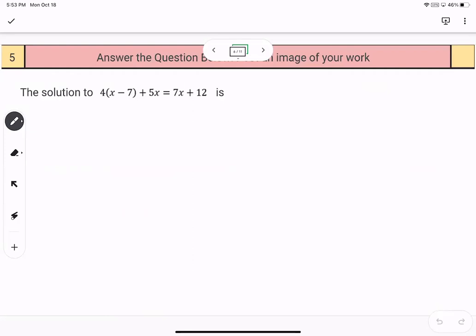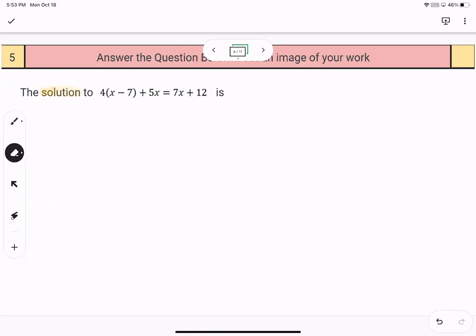Number 5. So again, the solution to 4 times x minus 7 plus 5x is equal to 7x plus 12. This one is very, very similar to what we did in the last one. There's just one extra step. So we're going to start by multiplying.